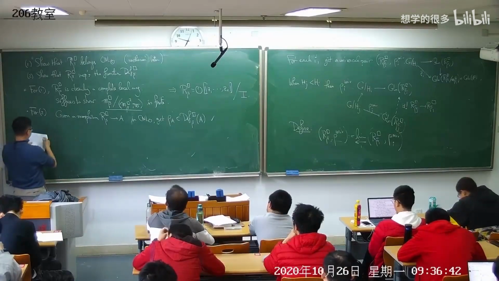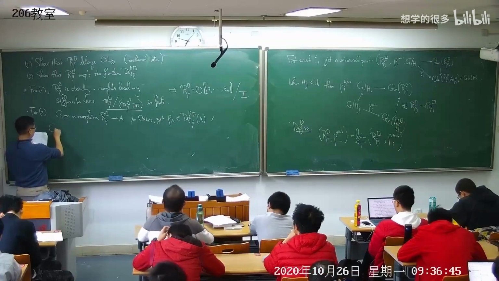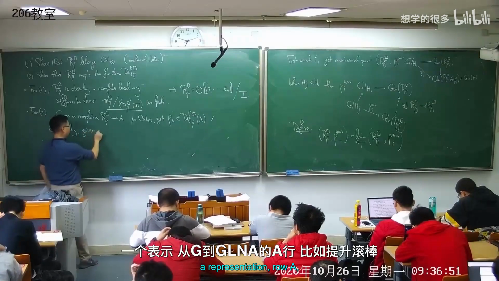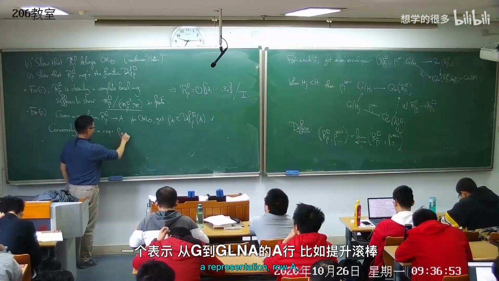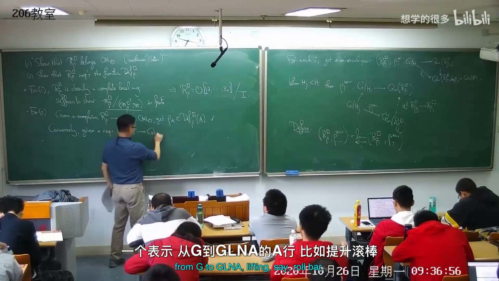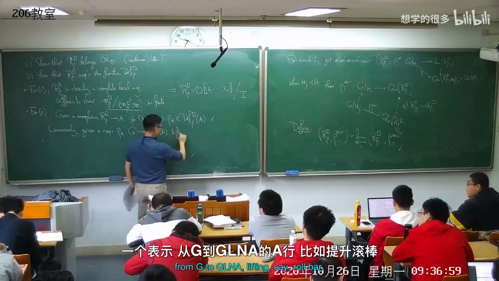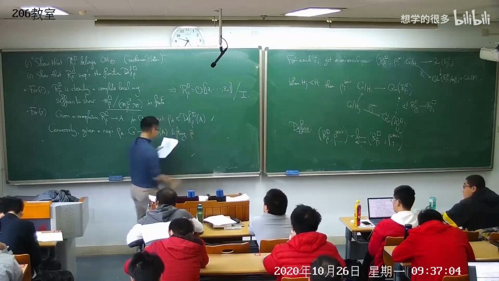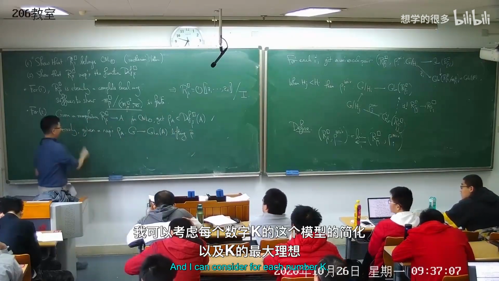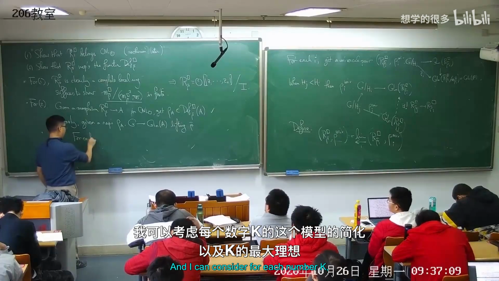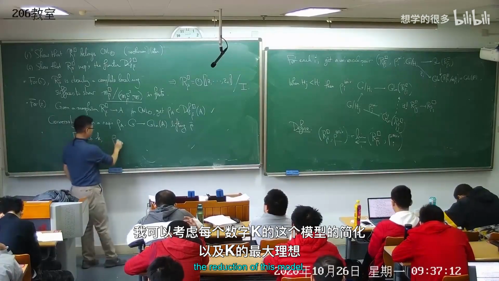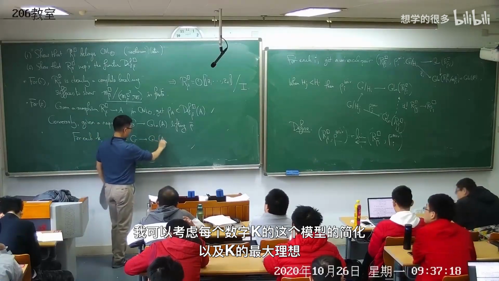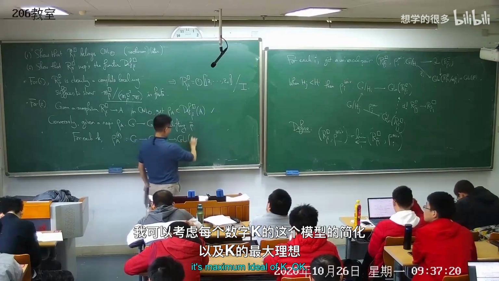So conversely, given a representation ρ_A from G to GL_N(A) lifting, say, ρ̄, I can consider for each number k the reduction of this mod its maximal ideal's kth power.